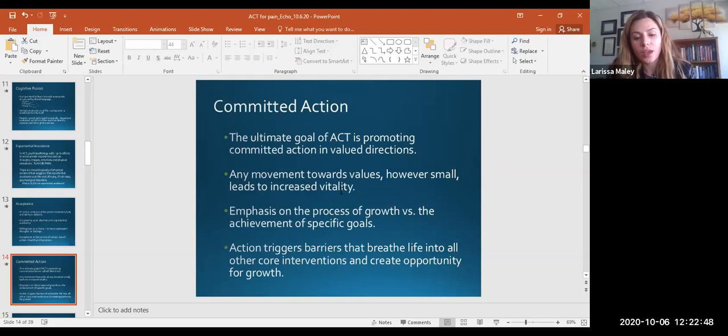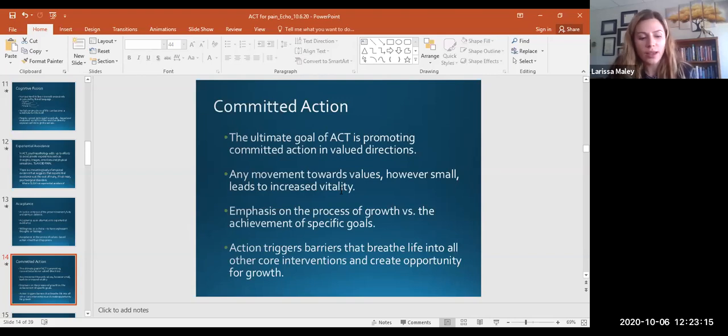And the other thing that we explain to folks is, when you move in the direction of committed action, it's going to trigger barriers that shouldn't be avoided. Because again, we want people to approach life instead of avoid life. So by taking some of these steps, it's going to bring up things that will be unpleasant, but that's not something to be avoided. That's something to be willing to have, because it creates opportunity for growth.